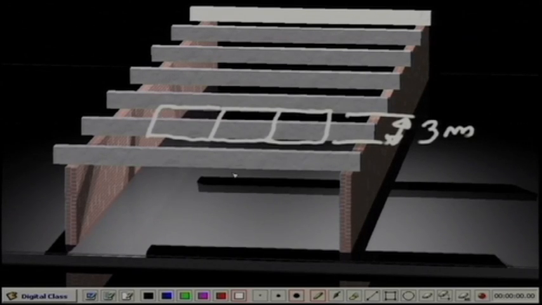If there is no overhang, that means the slab ends right here, then it will be just multiplied by 1.5. But if there is something, say 0.3 meter, on this side also, then that also you have to take, that means 1.5 plus 0.3. But anyway, in general we can say half of that.